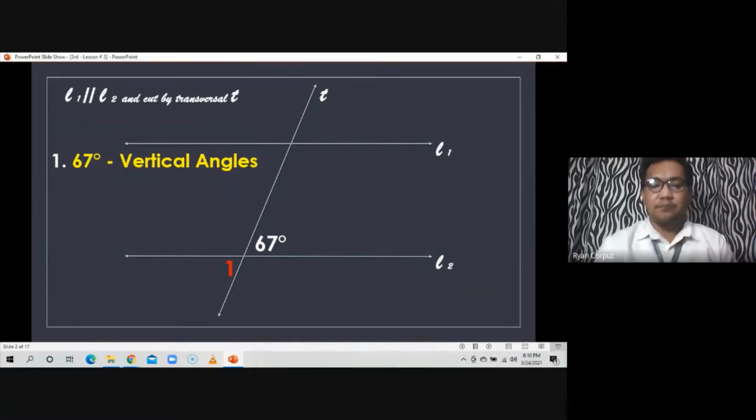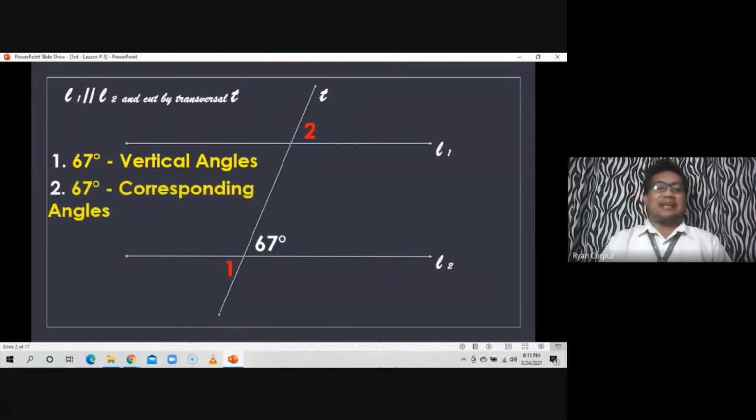Same with regards to the given measure of the angle. What would be the measure of angle 2? Angle 2 measures 67 degrees also. Why? It's because the relationship of the two angles, the given angle with angle 2, is that they are what we call corresponding angles.